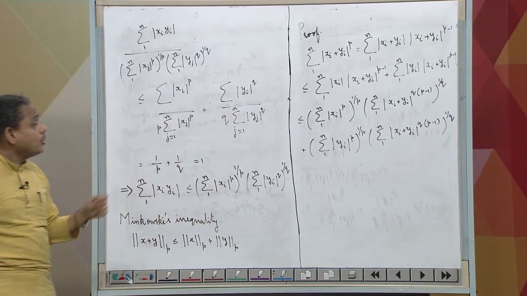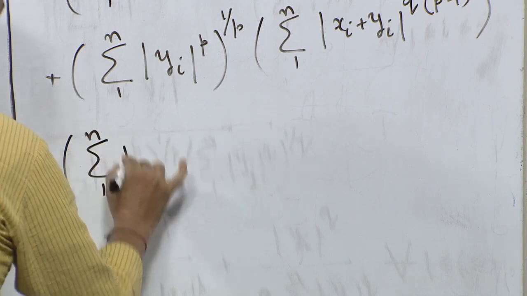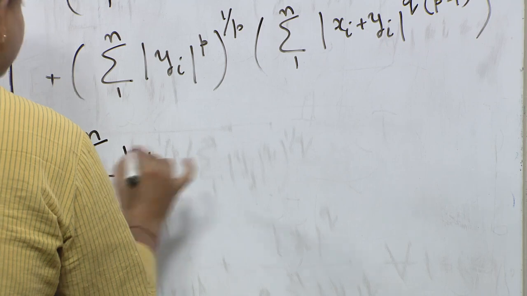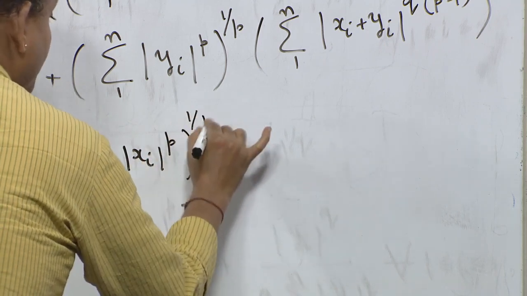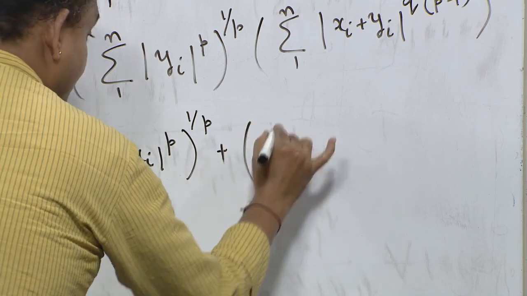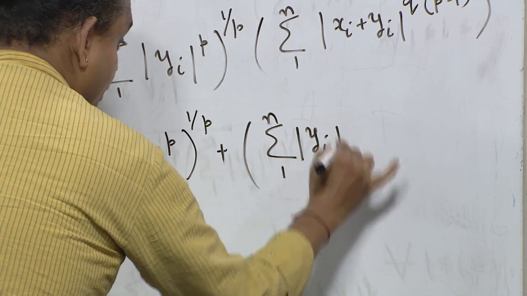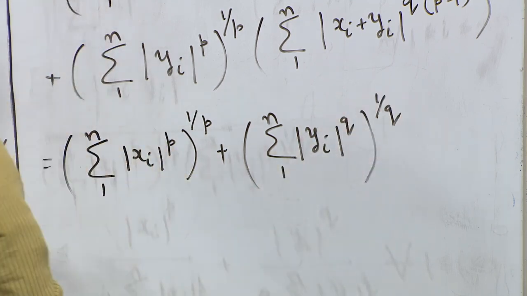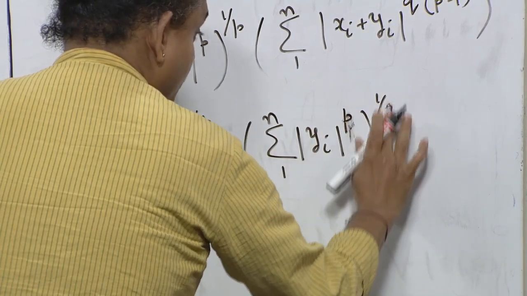So, we are going to pull it out from the summation: summation 1 to n mod xi power p, whole raised to the power 1 by p plus summation 1 to n mod yi raised to the power p, whole raised to the power 1 by p.